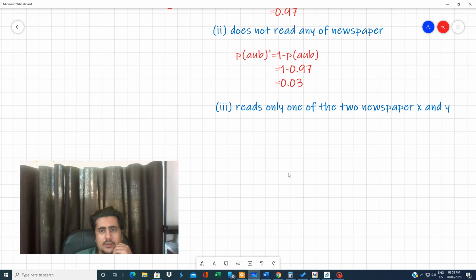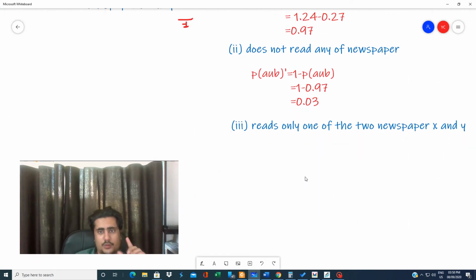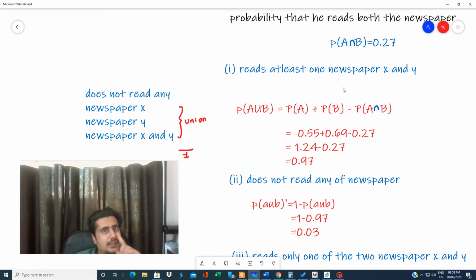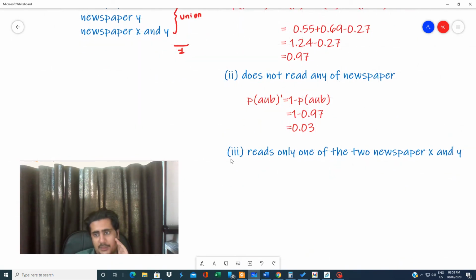This question says that you have to read only one. See, the first question means at least one, and at least one includes one newspaper and two newspapers. These three things are in at least one. Only one means you don't have to read two newspapers at all.